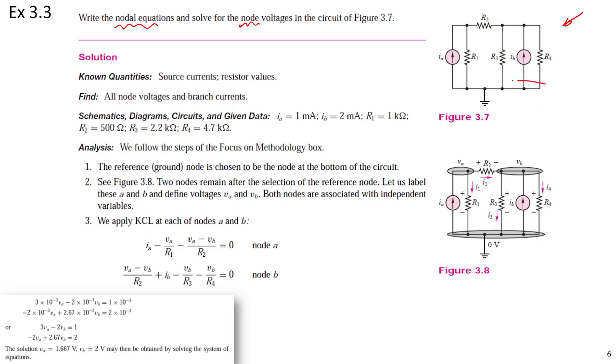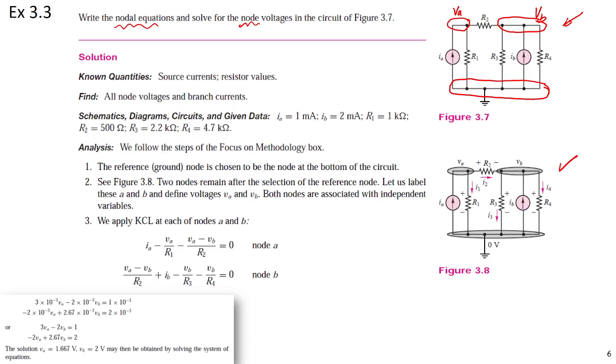This is the reference node. Usually we select the most common node. Now we have two remaining nodes, VA and VB, right? Then we define the currents.